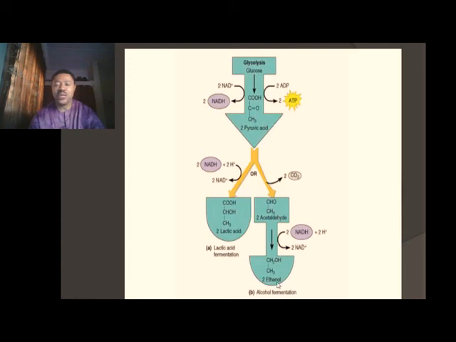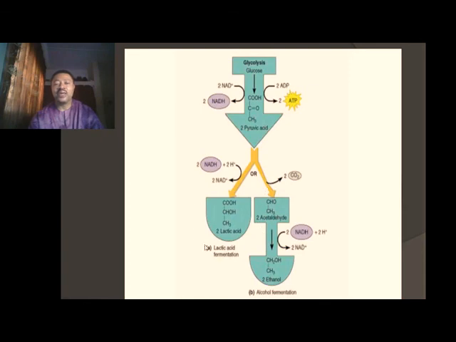The end product here is ethanol, which is an alcohol, and the end product here is lactic acid, which is lactate. So if it is this pathway that is followed, then it is lactic acid fermentation. But if it is this pathway that is followed, it is ethanol or alcohol fermentation.